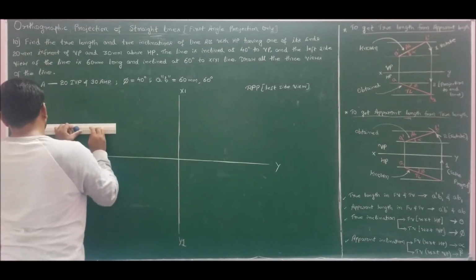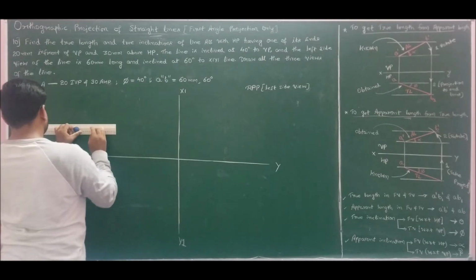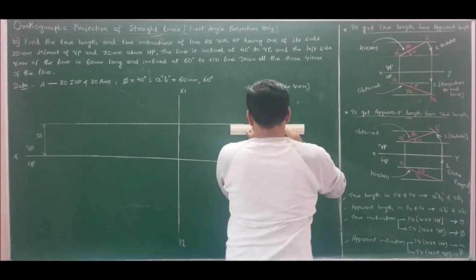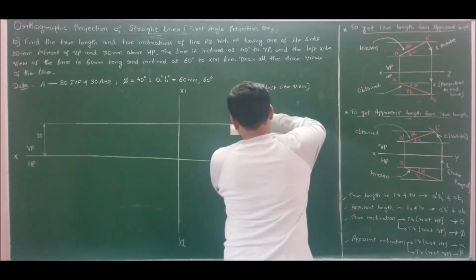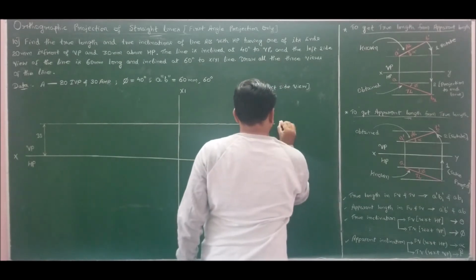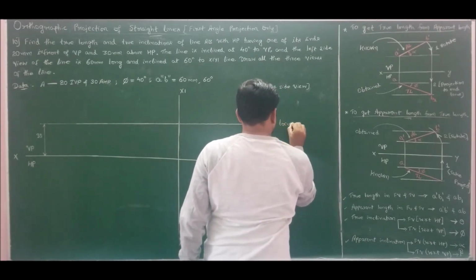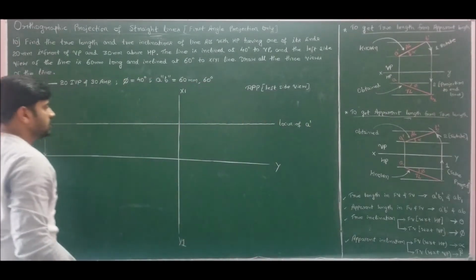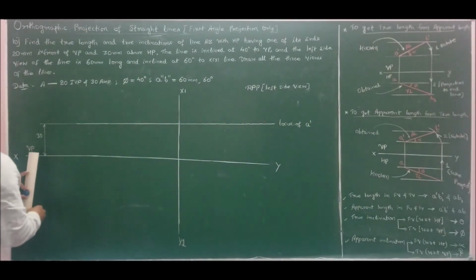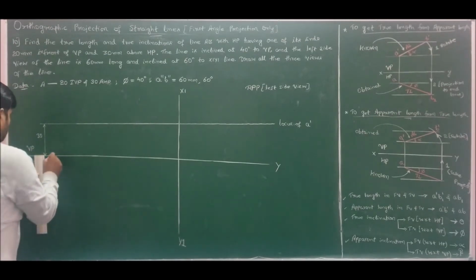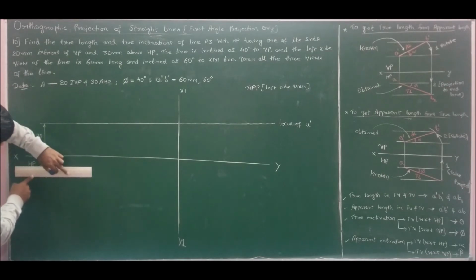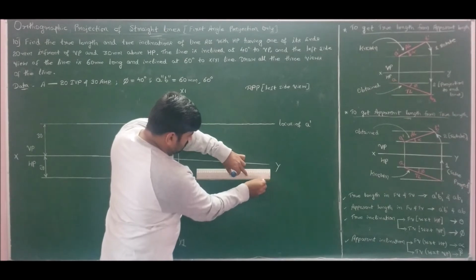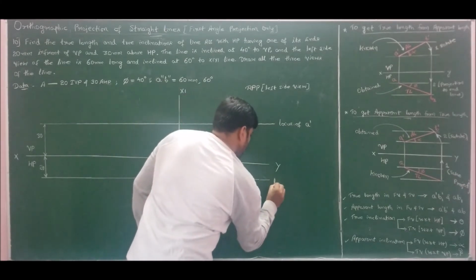Draw the locus. So this is the locus of A dash, and 20 mm in front of VP. Draw 20 mm. So this will give us the locus of A.